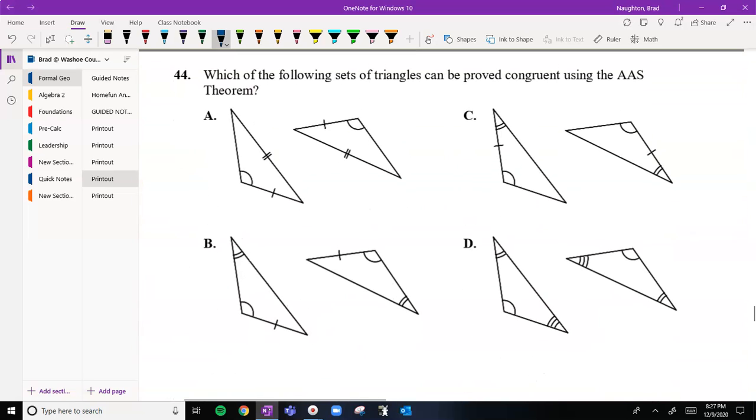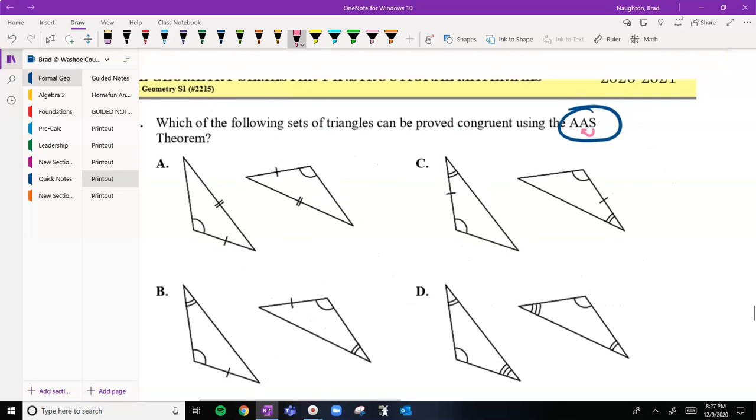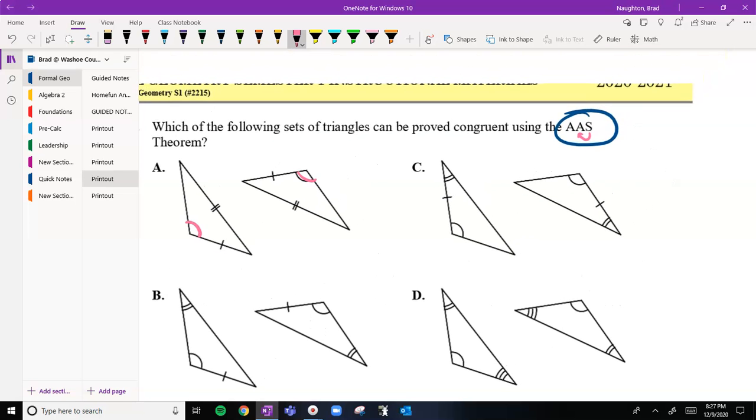All right, moving on to this next one. Angle, angle, side is the kicker here. Notice that this side only touches one angle. So if we look at all of our pieces of information, let's look at one that does work and one that doesn't work. So this is angle, angle, so that's one angle, and then side, side, side. Again, we've already said that that one doesn't work. You with me?